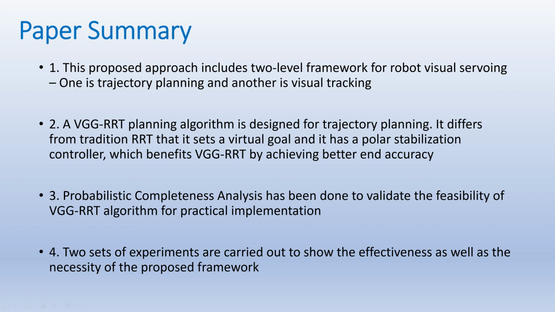And the second is that they have designed a VGG RRT planning algorithm for the first phase, and this algorithm differs from traditional RRT in that it sets a virtual goal and it has a polar stabilization controller, which also benefits it by achieving better aim accuracy.